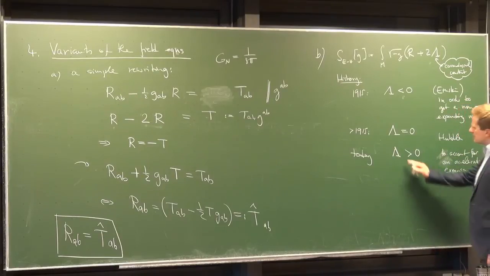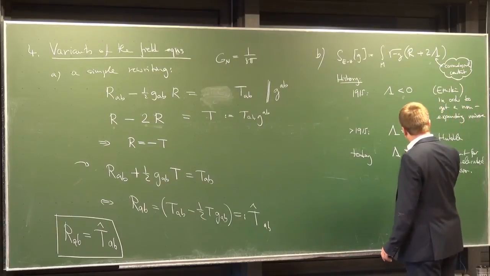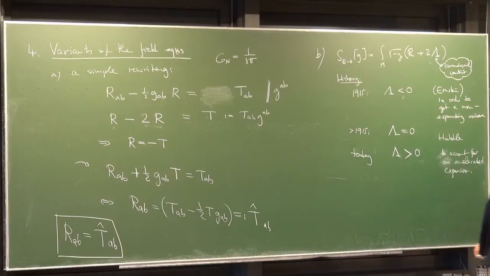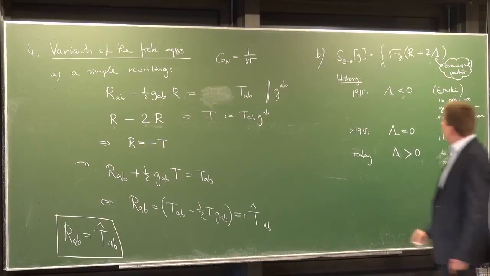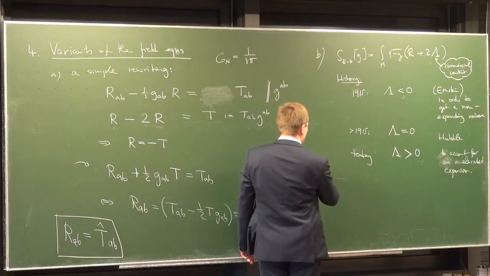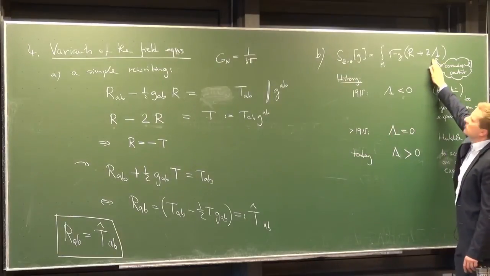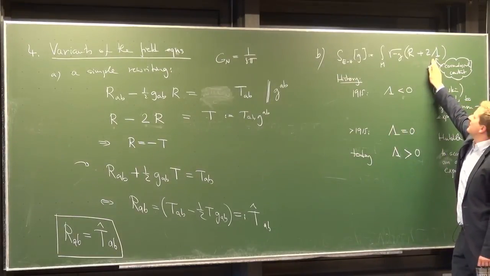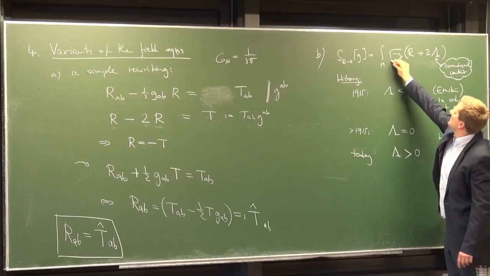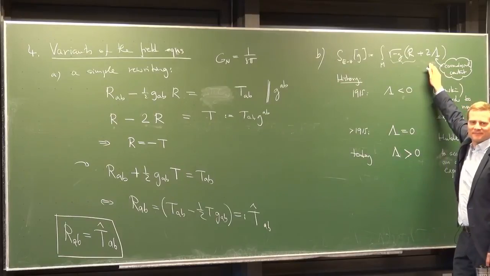Today the problem is that this Lambda is supposed to be bigger than 0, but very, very small. Okay, what do you mean by very small? Well, very small compared to any effect we could imagine that produces a non-vanishing Lambda. Let me clarify this. So if we now do here the variation, the Lambda contribution here can of course be understood as a contribution to matter, right? Because if you say this is still gravity, then this part could already belong to a matter action, right?